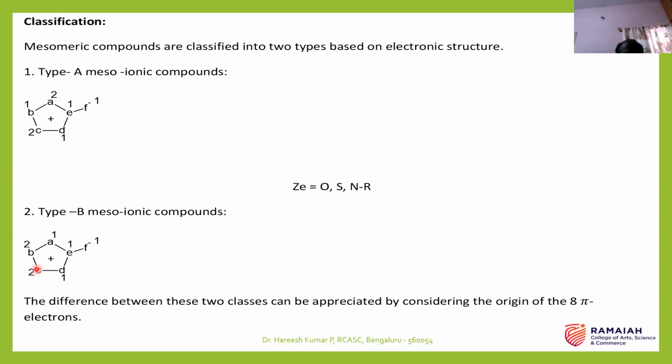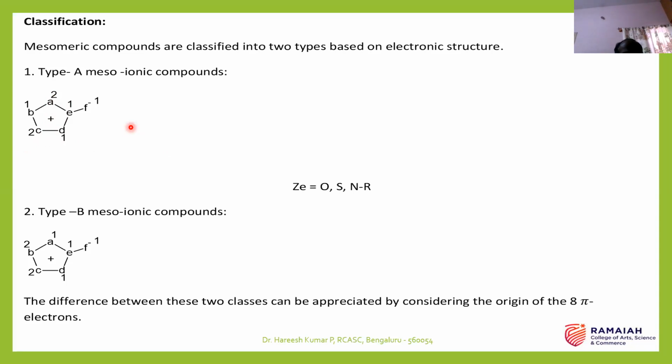If there are adjacent heteroatoms, then it's called type B meso-ionic compounds.